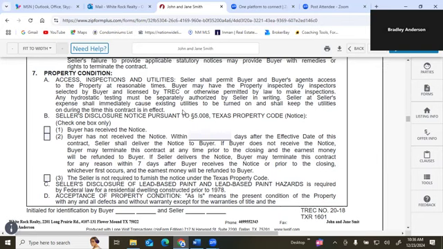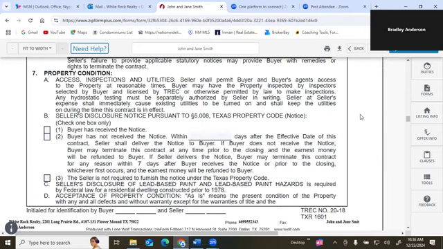Sellers moved out, they've moved on to their future place of residence, and they turn off all the utilities. Inspector shows up, and they realize the water's not on. Some of them may just say, I'm not doing any of the inspection. Some may say, I'll do what I can. And if you want me to come back when the water's back on, I will, but oh, that's an extra $400.